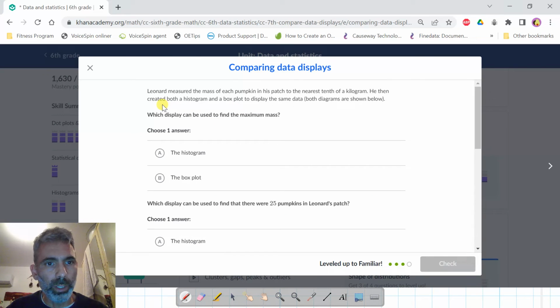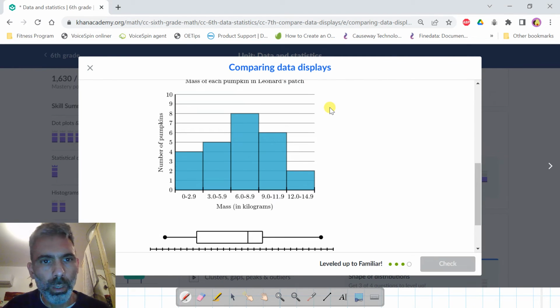Next question is, Leonard measured the mass of each pumpkin in his patch to the nearest tenth of a kilogram. He then created both a histogram and a box plot to display the same data. Both diagrams are shown below.